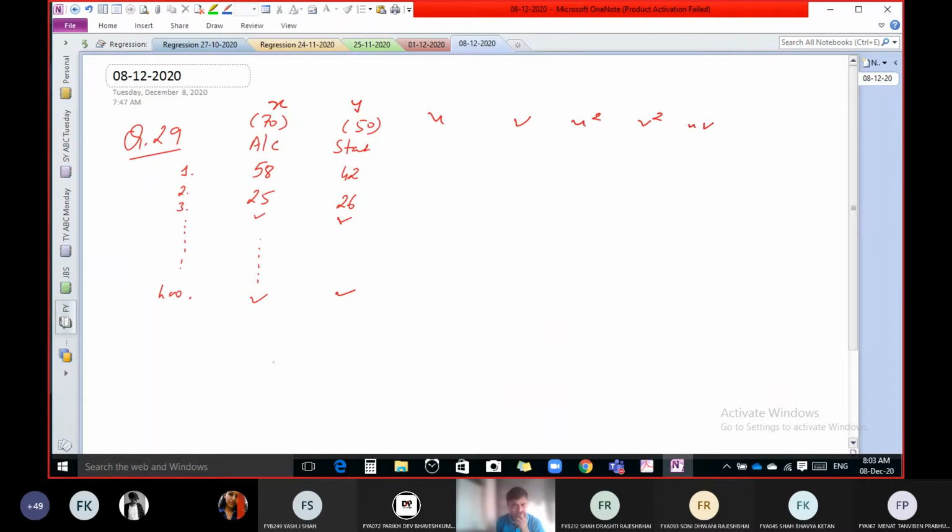Do the calculation and you will get the answer. Sigma U, sigma V, sigma U square, sigma V square, sigma UV. And we have a formula for r also, or a formula for byx and bxy, and for that we require these sums. So what is the problem in this question? It seems like a routine question only. Any idea?